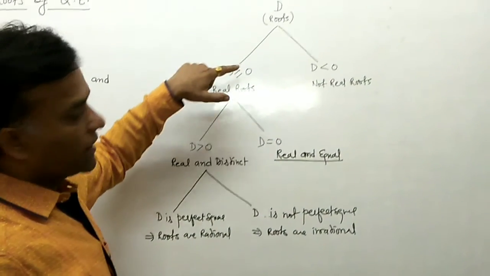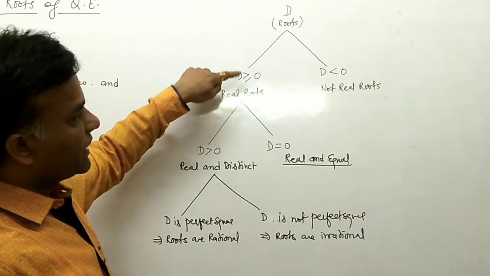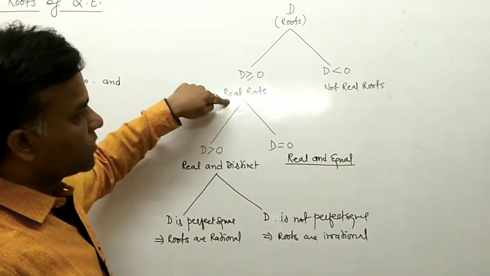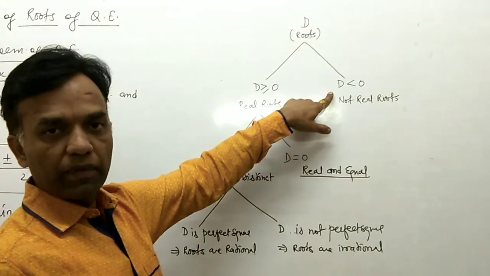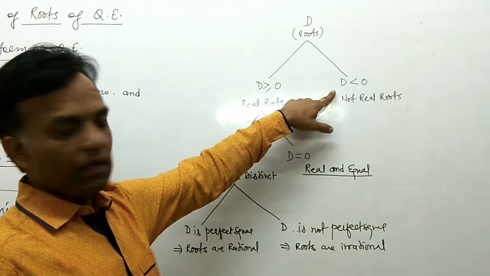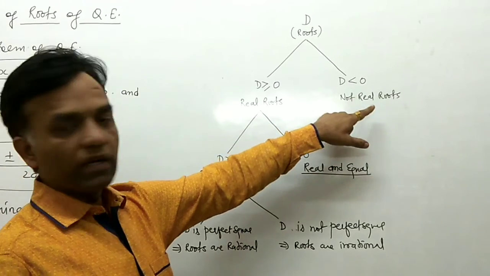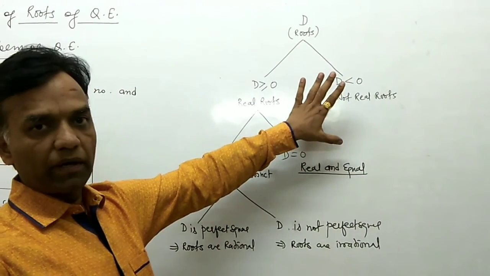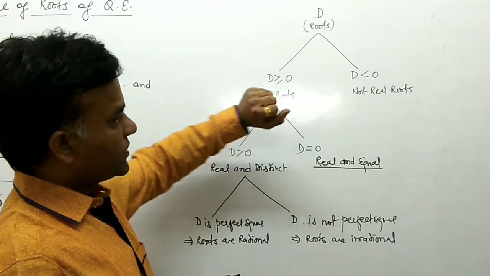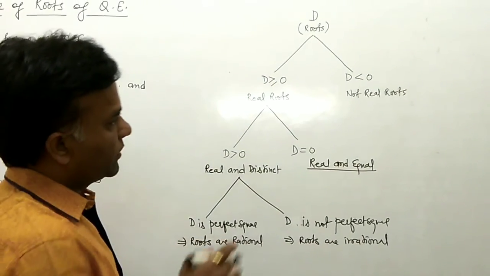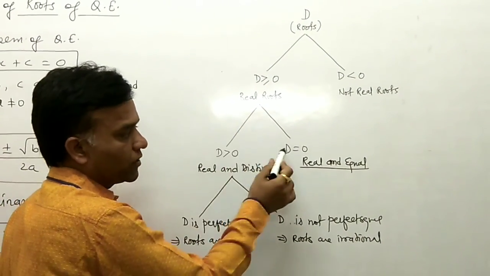So with the help of the flowchart, you first find out D, and then again I explain here. There are basically two conditions: D greater than or equal to 0, in both cases roots are real, but only in case of a negative value of D, you write down directly that not real roots are there. That is the end of this branch. But now we continue. If D gives real roots, then there are two possibilities.